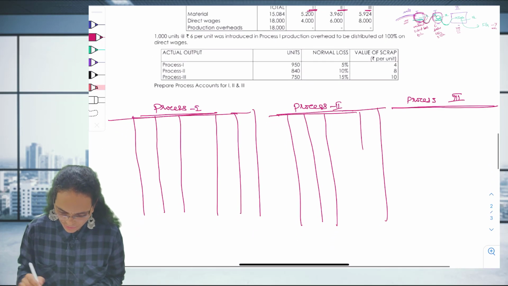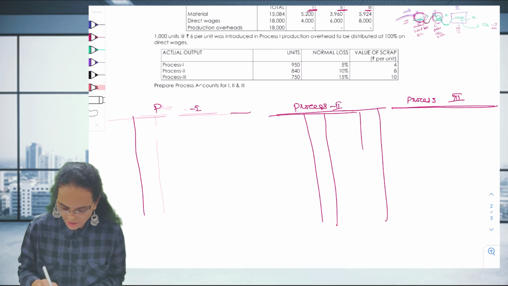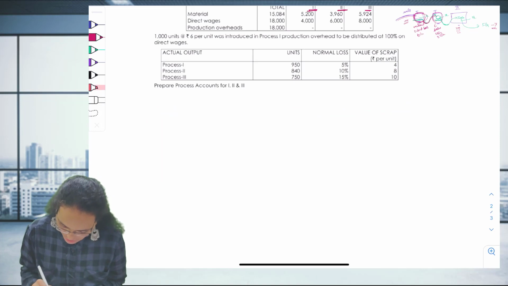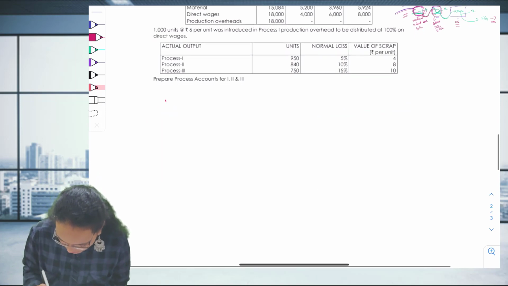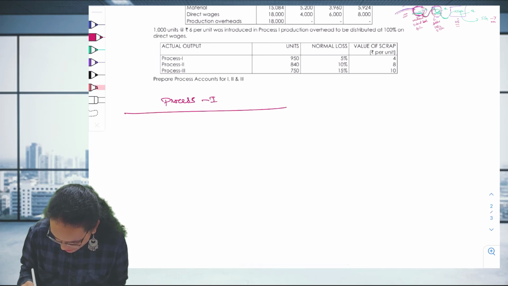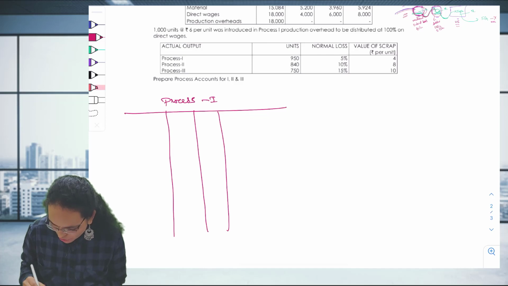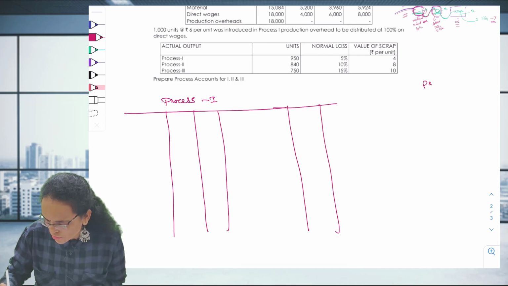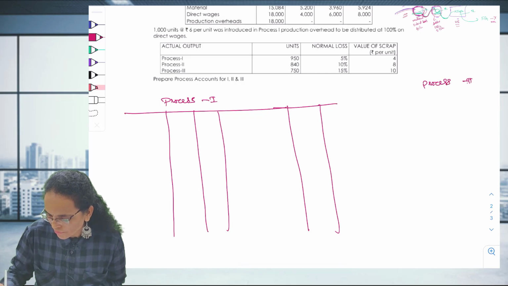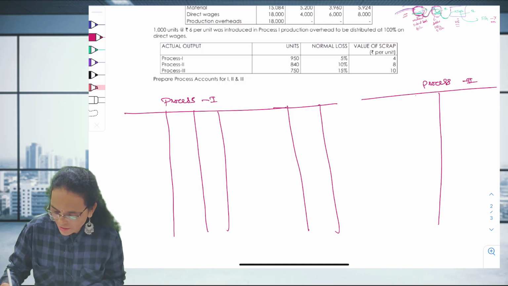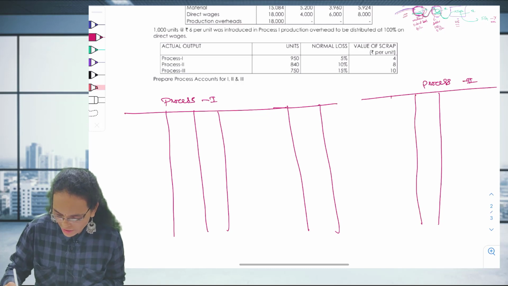Or else I'll take 2 only, otherwise it will not be visible to you. Process A, that is process 1. One is for the units column, one is for the amount column. Units and amount. Process 2. See how I am writing here, so that you will not go wrong in the examination also.